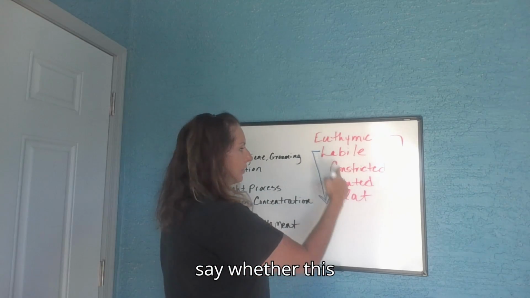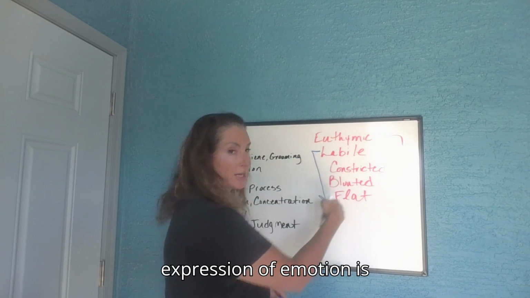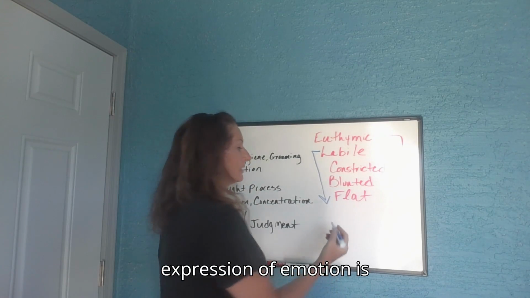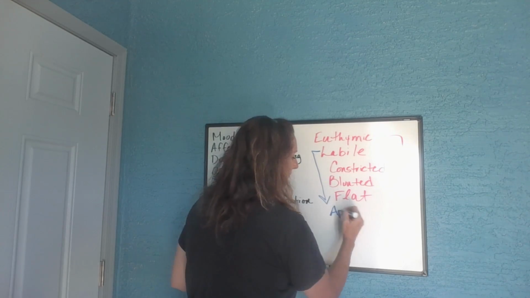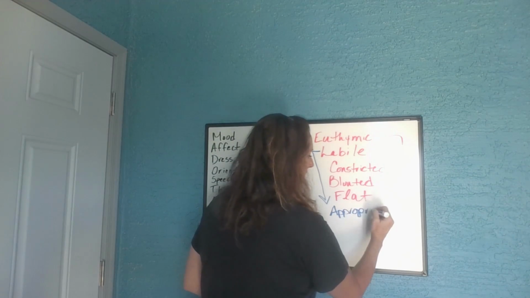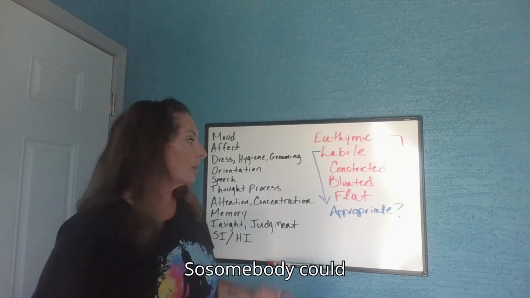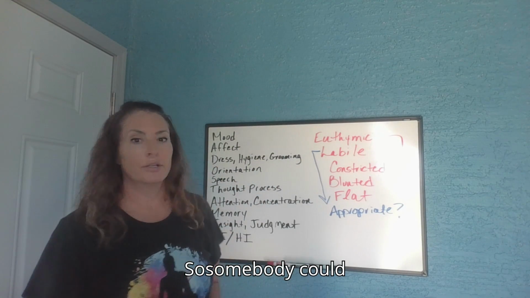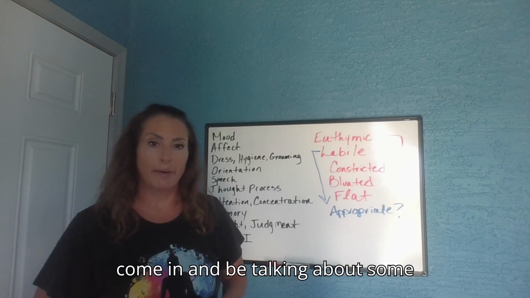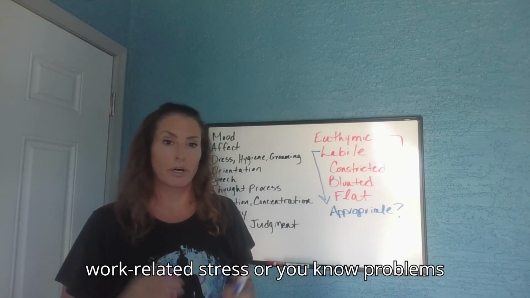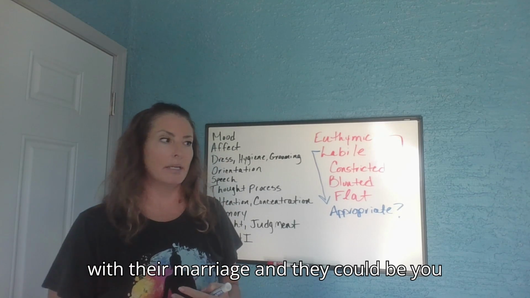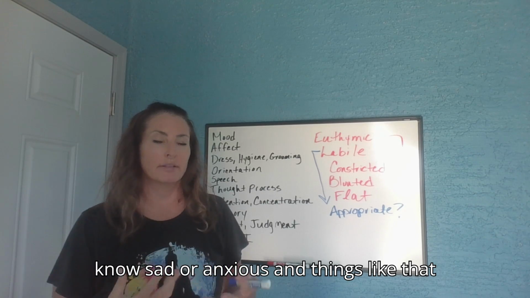You want to say whether this expression of emotion is appropriate or inappropriate to the situation. Somebody could come in and be talking about some work-related stress, or problems with their marriage, and they could be sad or anxious.